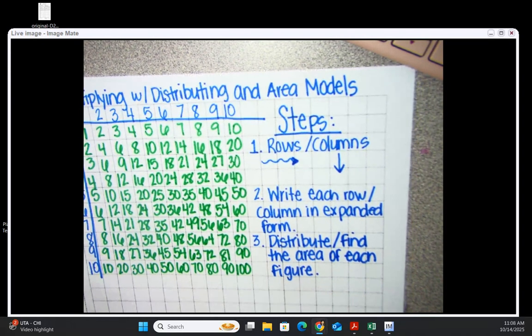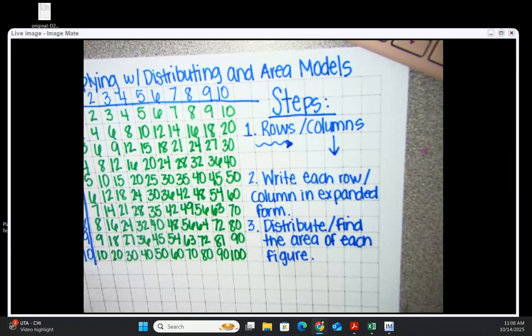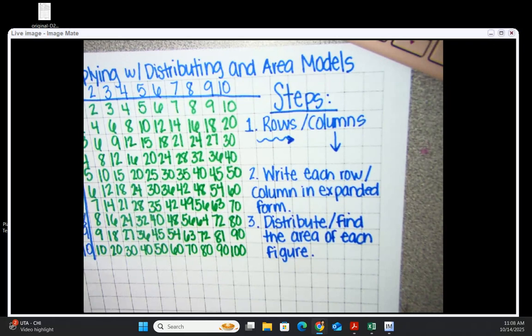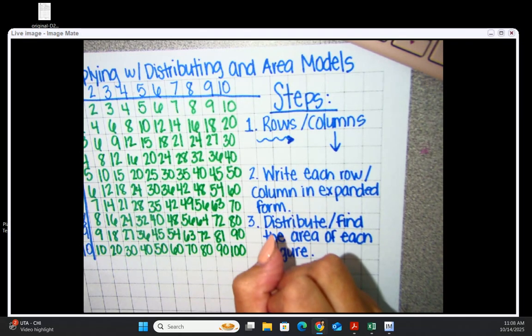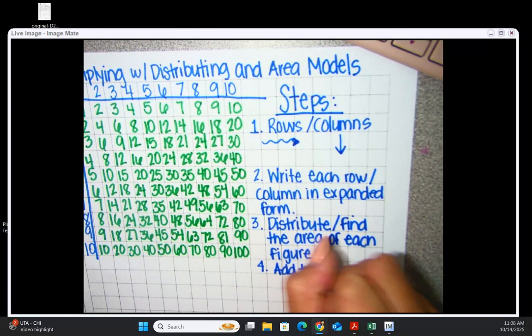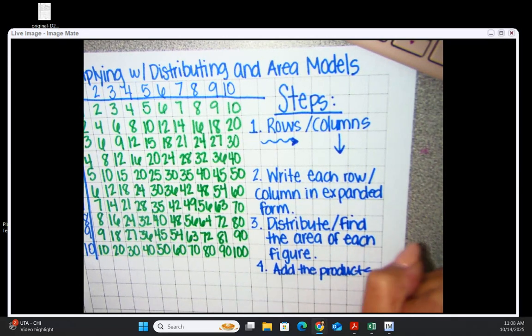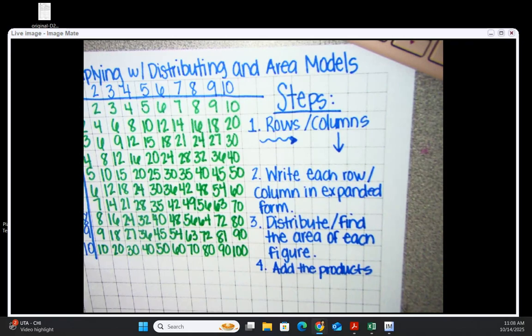It's just a drawing. Step number 3 is distribute and find the area of each figure. And the last step is add the products. So there's a lot of vocabulary in these steps that we need to be familiar with.